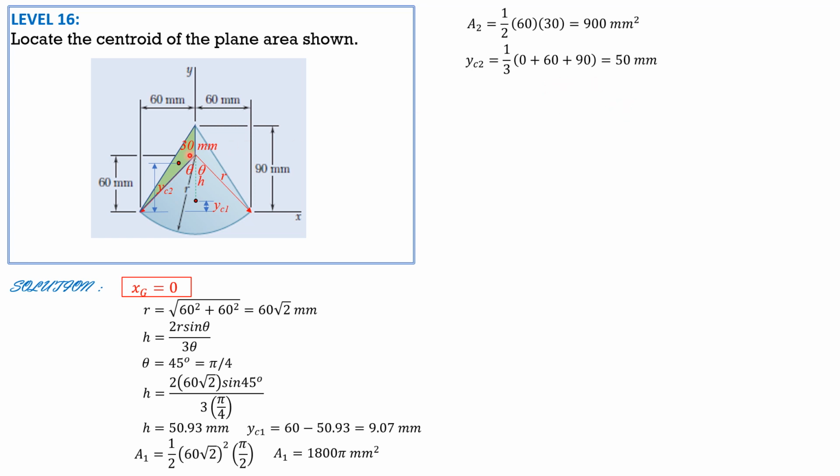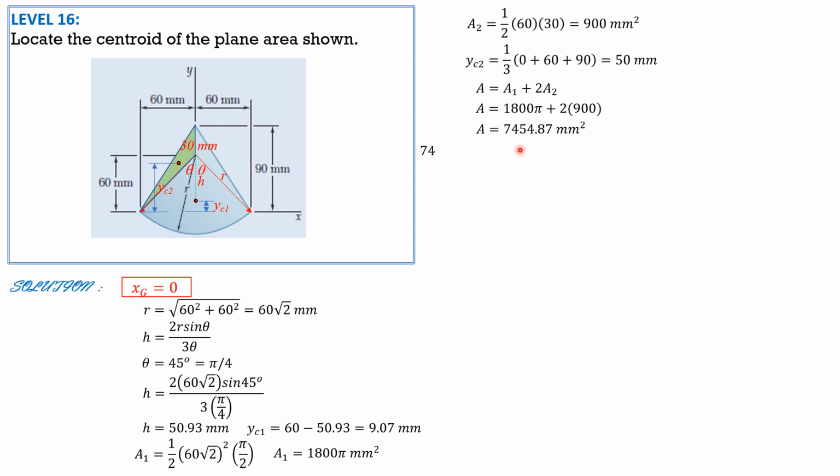Now that it is completed, we apply Varignon's theorem. The total area is 1800 pi, area 1, plus 2 times area 2. So the area is 1800 pi plus 2 times 900, which is 7454.87 mm squared.